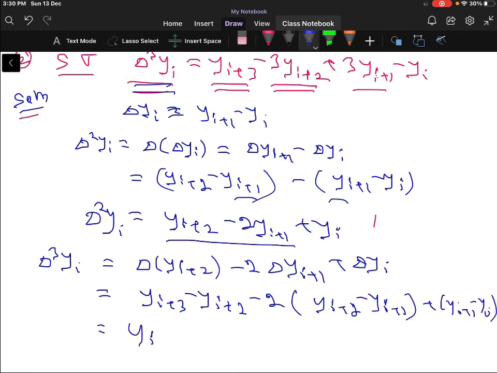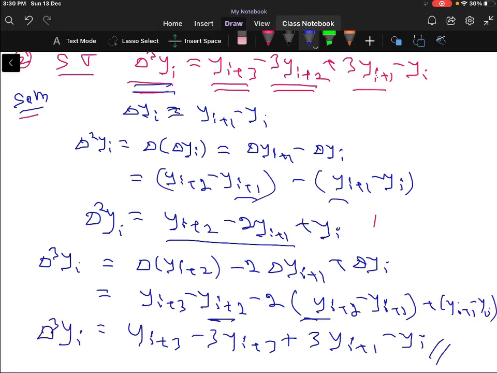So this is equal to yi plus 3 minus yi plus 2 minus 2yi plus 2, that is minus 3yi plus 2, plus 2yi plus 1 plus yi plus 1, that is plus 3yi plus 1 minus yi. So this is delta cube yi.